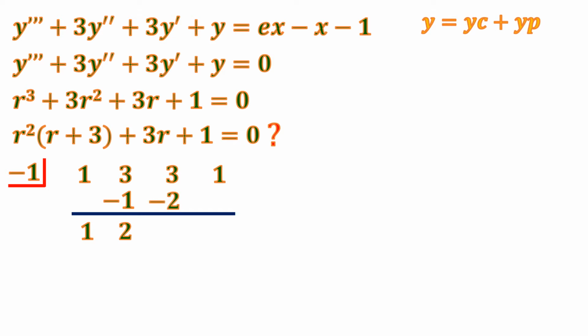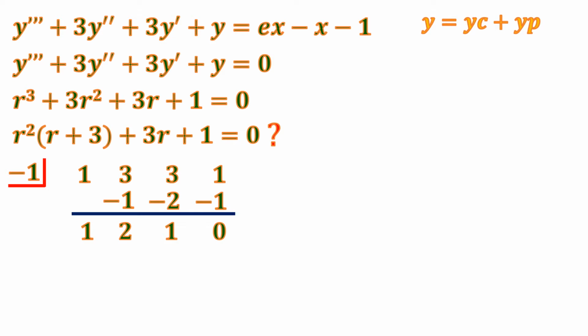Combine 3 and -2, that's 1. 1 times -1 is -1. Combine 1 and -1, it's 0. That means there's no remainder, so -1 is one of the roots. Of course, it is expected that there are 3 roots because the exponent is to the power of 3.